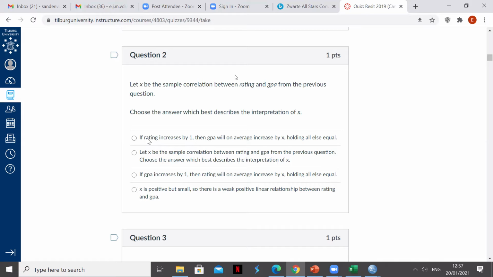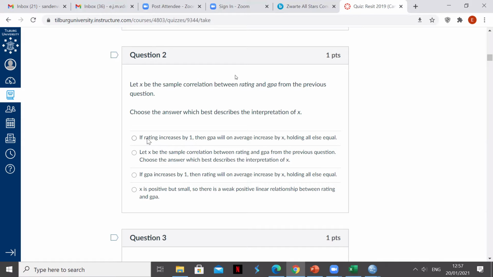It could be that if rating increases by 1, that GPA goes up with 9, for example, or that it goes up with 6. But your correlation is always between -1 and 1. So the first one cannot be correct because the first one is about a regression analysis and the coefficients. It's not about correlation.